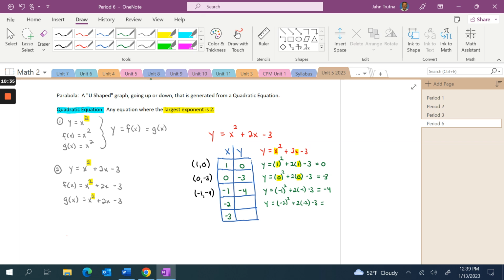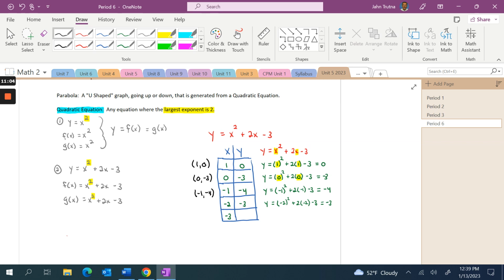The one thing that I need to say is that you have to work these out accurately. If any of these y numbers are wrong, it's going to mess up and not give you a parabola when you graph it. Okay, so working this out, you should get, let's see, -3. So y is -3 when x is -2.